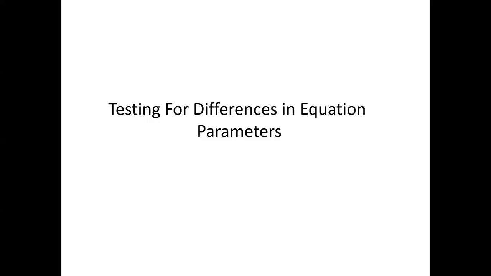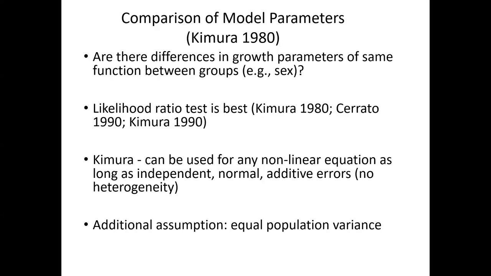And if that's the case, then you can go ahead and start looking at comparing parameters across different group structures. For example, if we were interested in comparing growth curves between sex and a species, then you're okay to do that if all the assumptions that we mentioned before are appropriate.